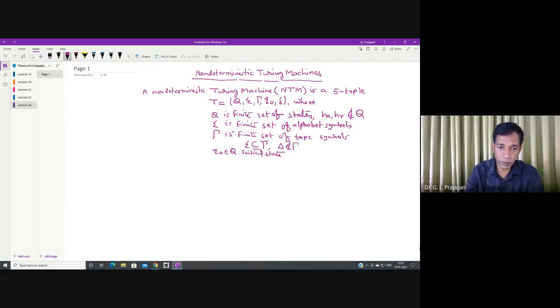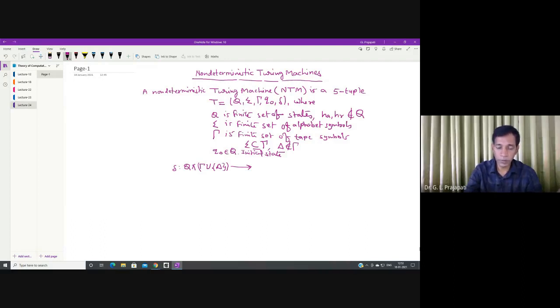So here we have the transition function delta. The transition function delta will be like this: Q times sigma, tau union blank. You are in some state, and your tape head is reading a symbol from tau, or it may be the blank. From this you get the value of the transition function.